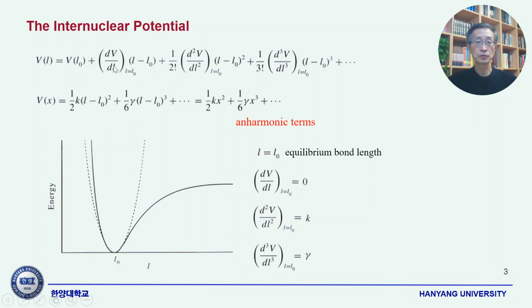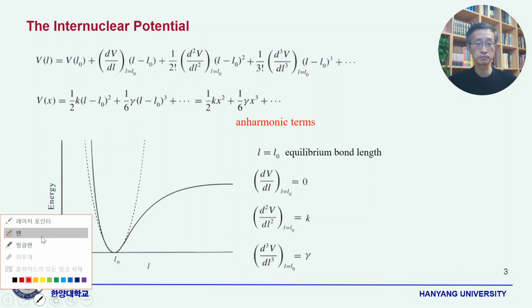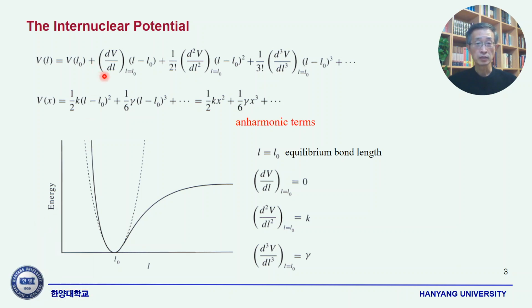So the first order term is the gradient times the displacement. The second order term is 1 over 2 factorial, actually 2, and then the Hessian. That's the gradient. Let me use the laser pointer. Gradient, Hessian, and then displacement squared, and then 1 over 6, 3 factorial, third derivative and displacement cubed, like that.